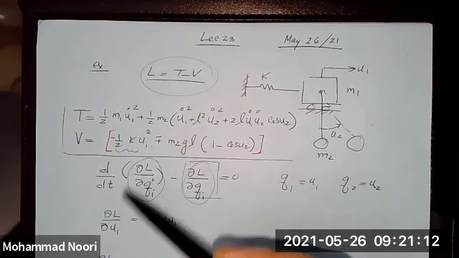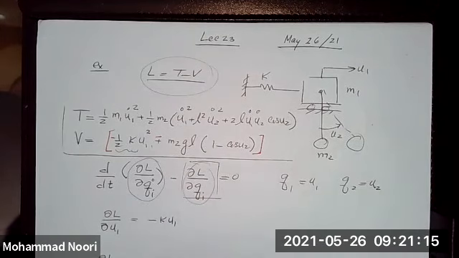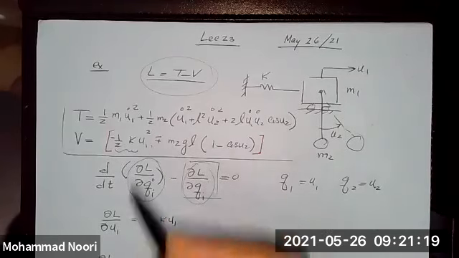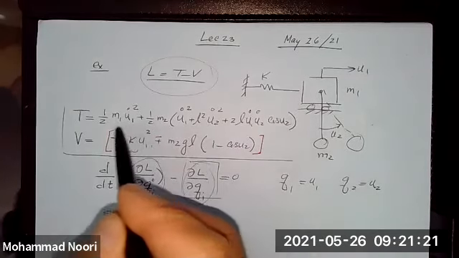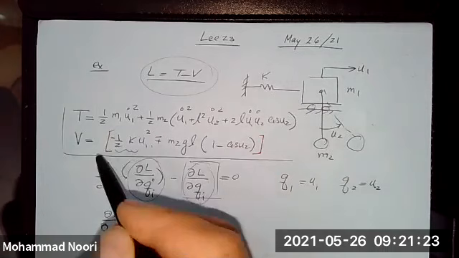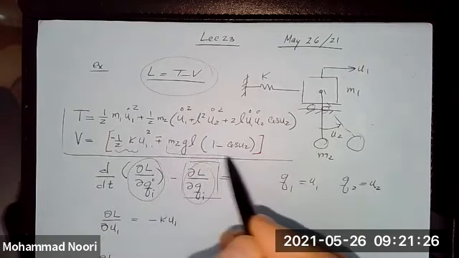So now the second one would be taking the derivative with respect to u2. In other words, u2 is the only variable. You have no u2 here. You have no u2 here. You only have u2 here.